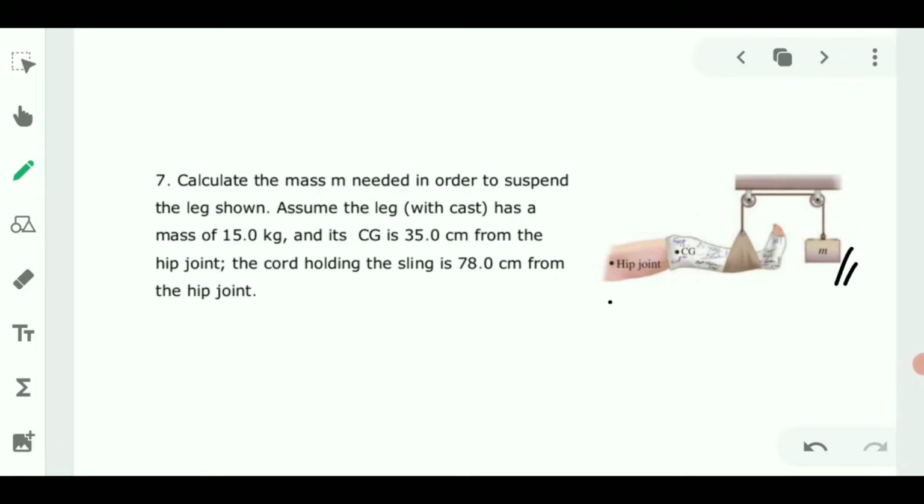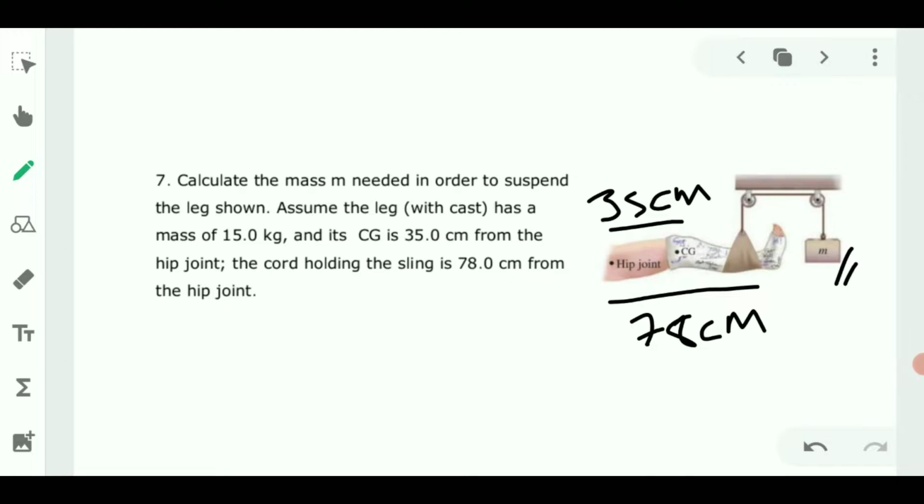So we have these distances: 78 centimeters, the string holding the leg, measured from the hip joint, and another distance from the hip joint to the center of gravity, which is 35 centimeters.